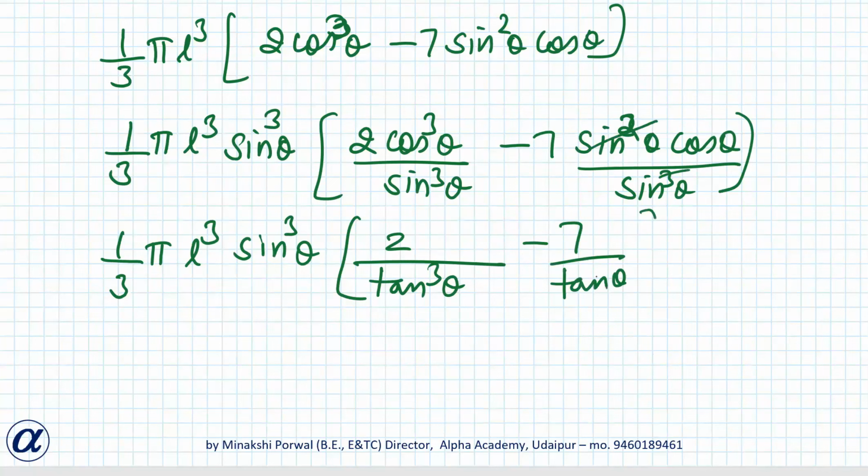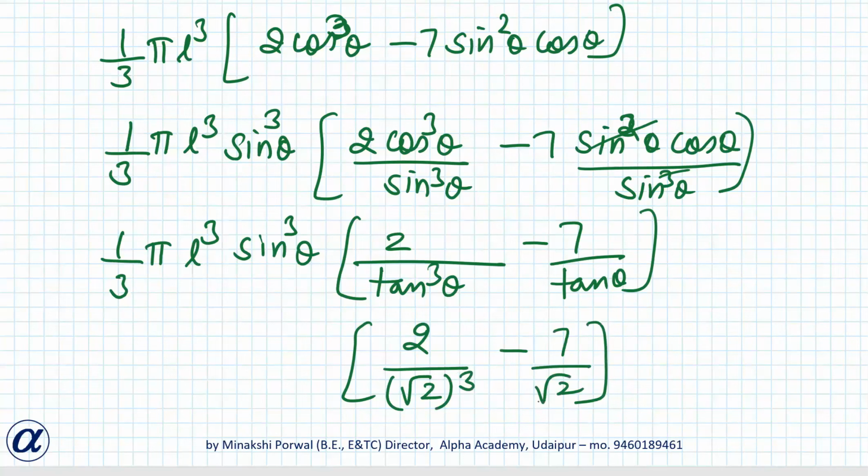Now tan theta is root 2. So this will be 2 upon root 2 cube minus 7 upon root 2. When you evaluate this, the result will come negative. Before the bracket everything will be positive, because sine cube theta, whatever the value of theta, if it is an acute angle, sine will be positive.